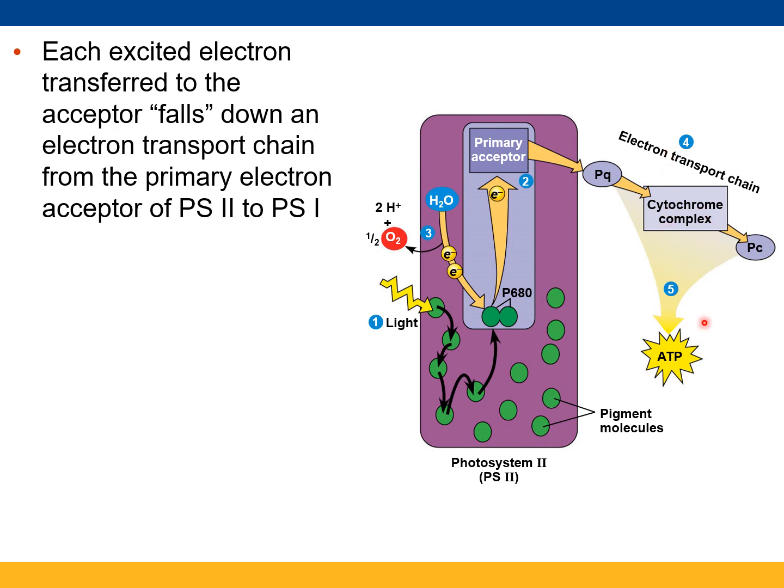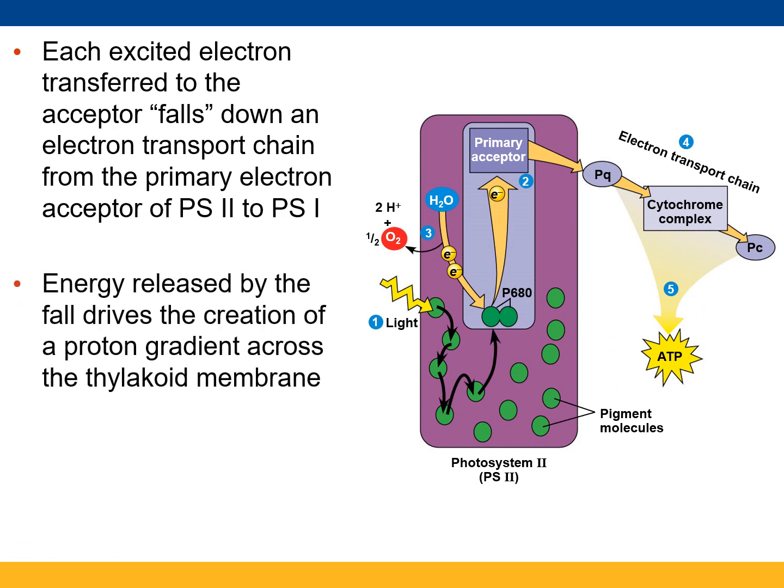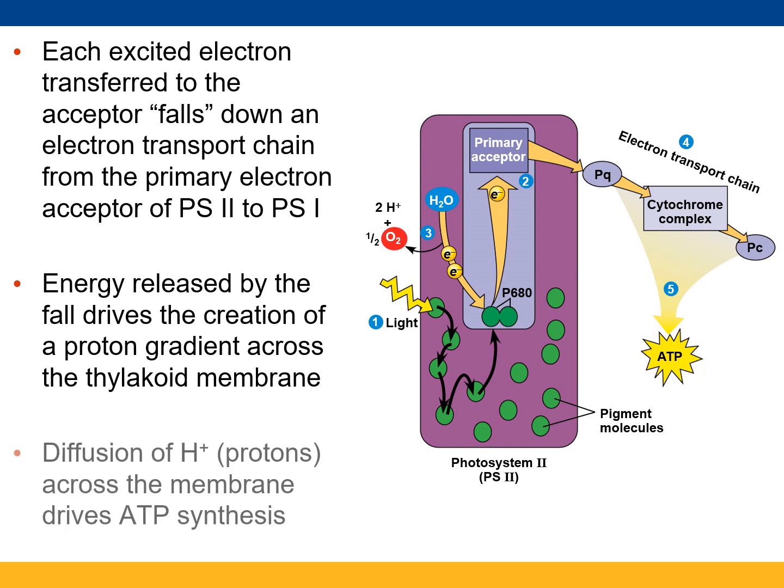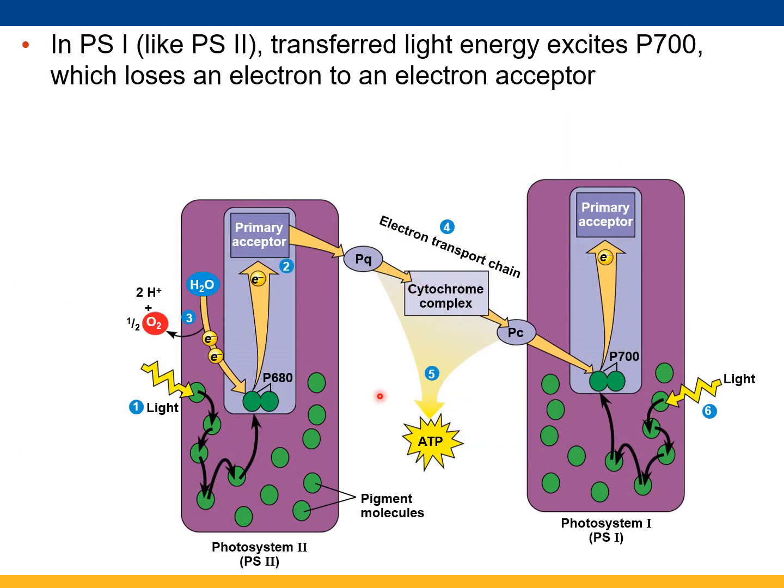We pump those protons, we'll use chemiosmosis and ATP synthase to create ATP. And so it's a proton gradient across the thylakoid membrane as opposed to the inner mitochondrial membrane. And that diffusion, that movement, that proton motive force is turning that turbine of ATP synthase, forcing inorganic phosphate onto ADP. So that's what's going on here in steps 4 and 5.